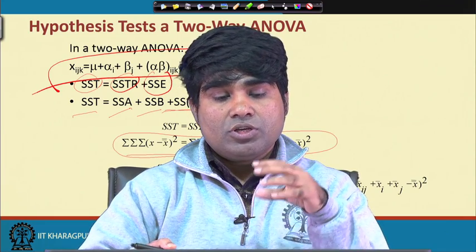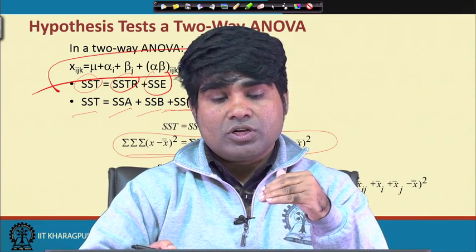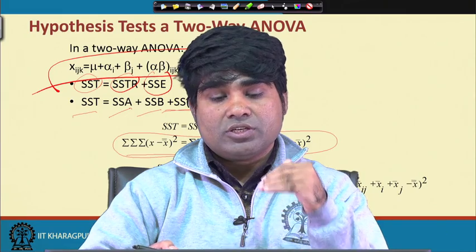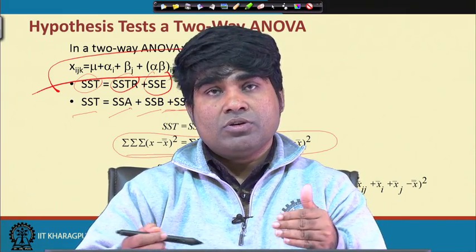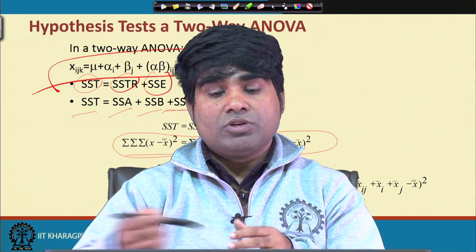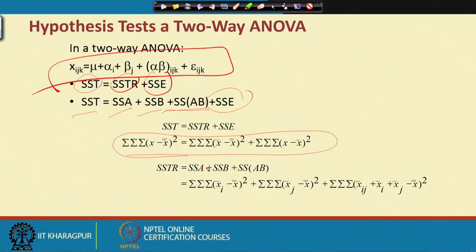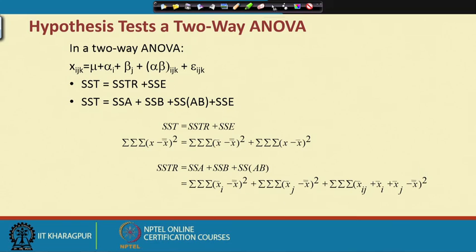Or else, if you can calculate the total sum of squares, and SSA and SSB and SSAB, then by doing some simplifications you can get the sum of squares error. But typically, our requirement is SSA, SSB, SSAB and SSE. These are the items through which you have to check the main effect, and then the interactive effect.